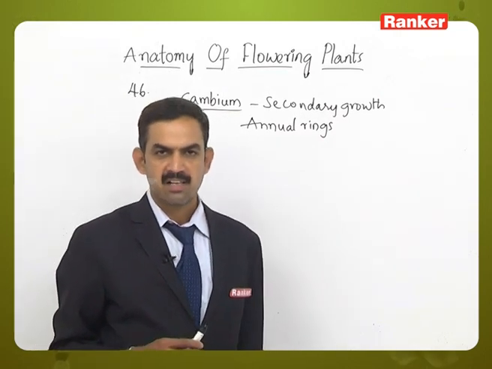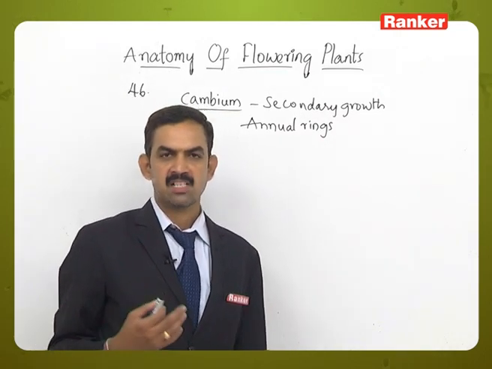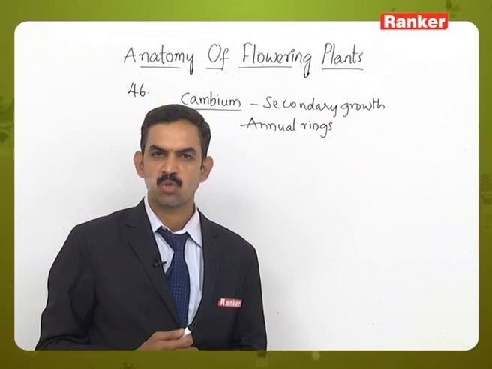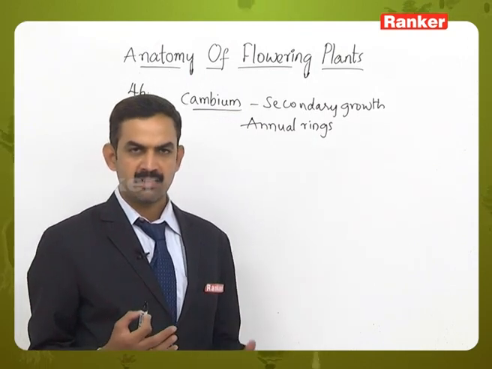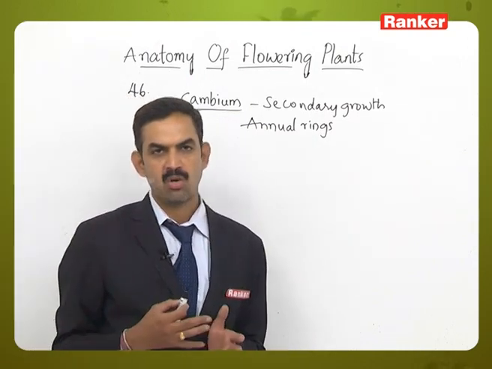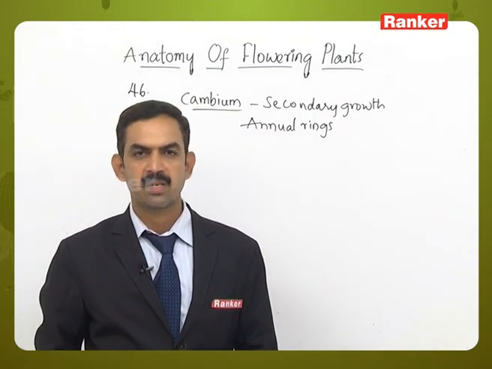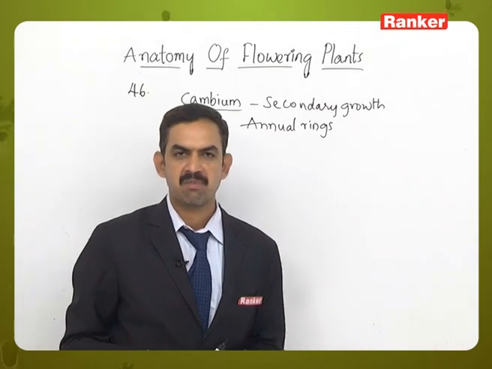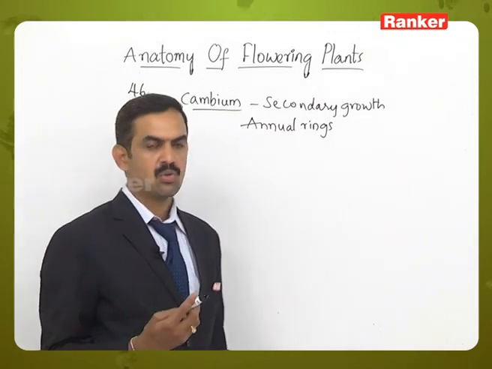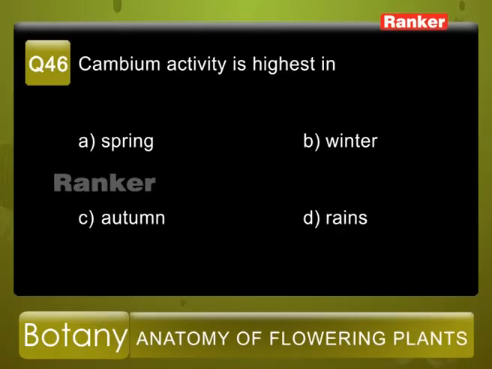That is the reason why, in the spring season, the activity of the cambium should be highest. Because of that correlation, we can see such a change during the spring season where the highest activity of the cambium can be seen. So from the given options, option A is the correct answer.